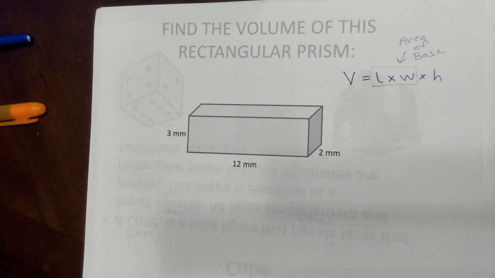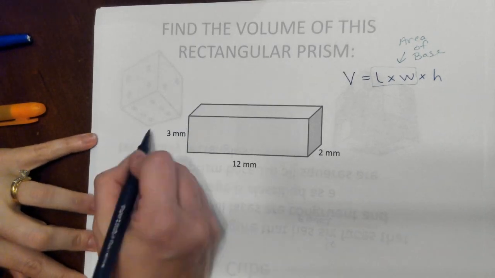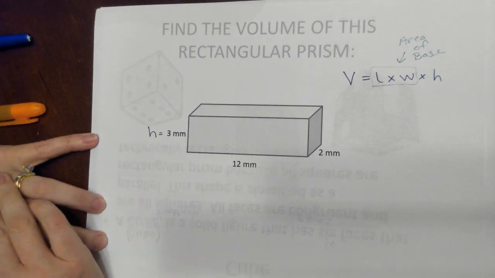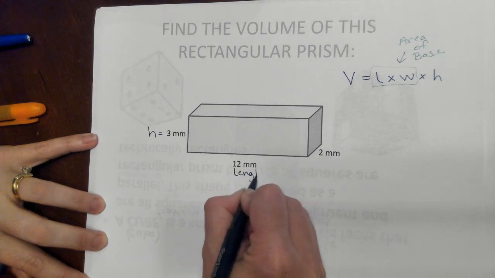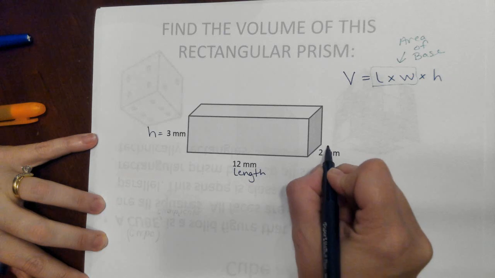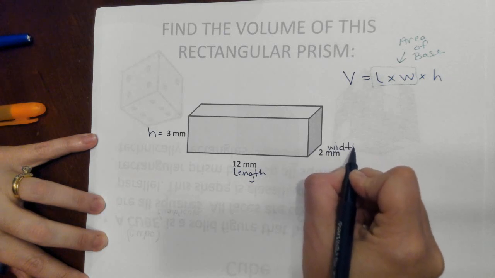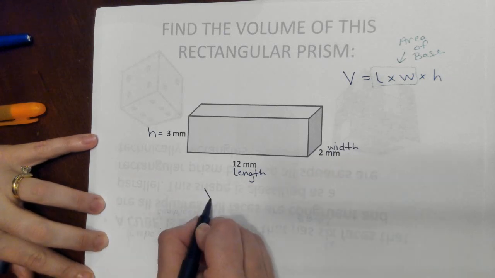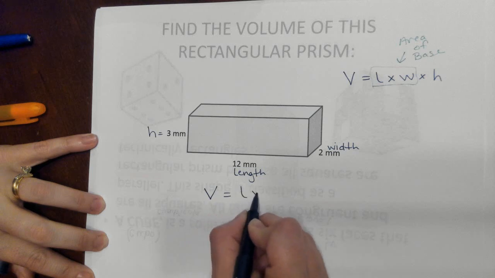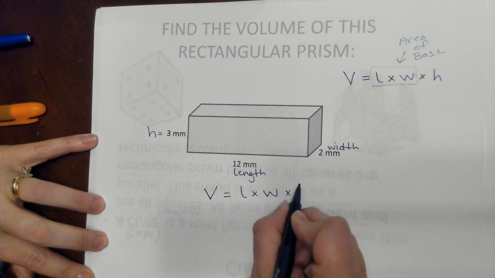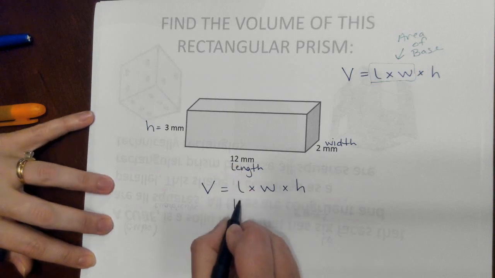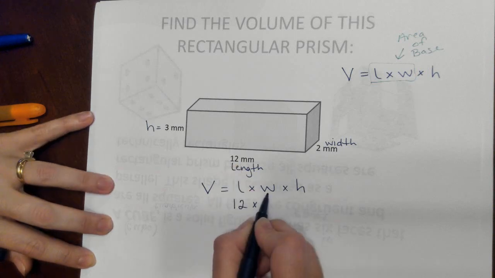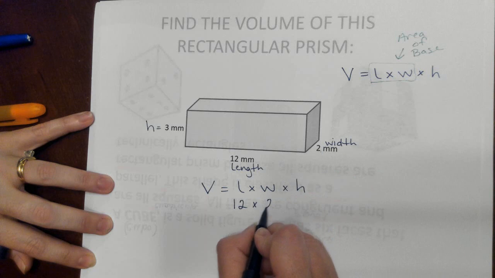So identifying, here is our height, the length, and the width. So volume is length times width times height. Length is 12. Width, we said, was 2.